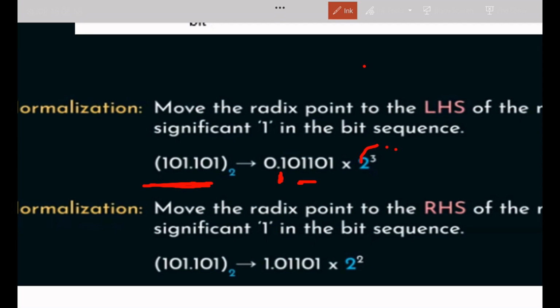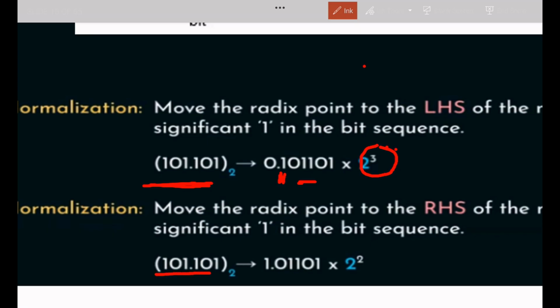This is the meaning of explicit normalization. Explicit means if you are placing the radix point just before all the bits, that is explicit representation.